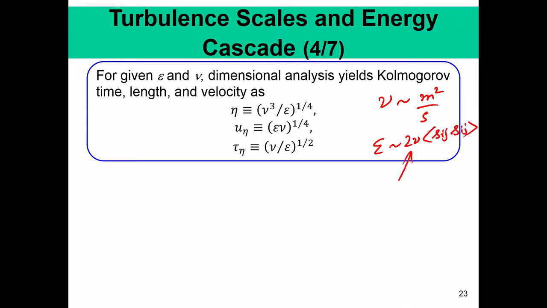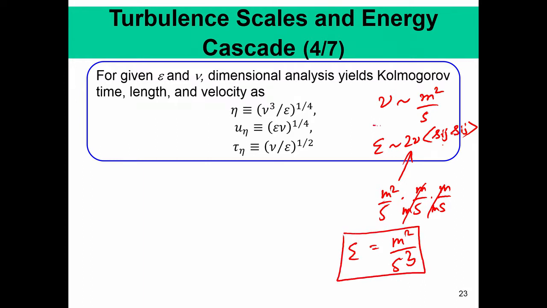Sorry, Sij is not meters per second, it is meter per second per meter, so the meters cancel. So, this essentially has a unit of meter square per second cube. So, dissipation rate has a unit of meter square per second cube and kinematic viscosity has a unit of meter square per second. Whereas eta will have a dimension of meters, u eta will have a dimension of meter per second, and tau eta will have a dimension of seconds.